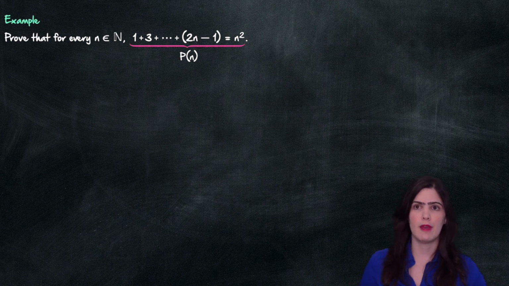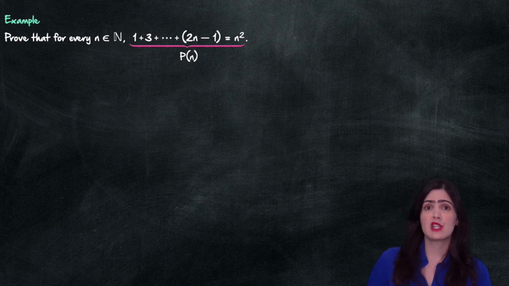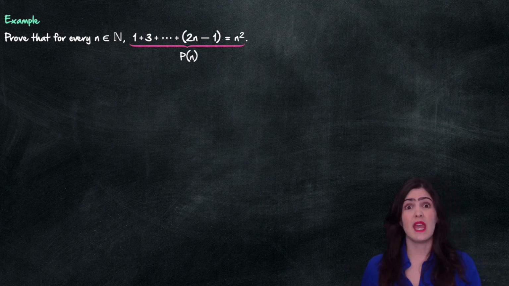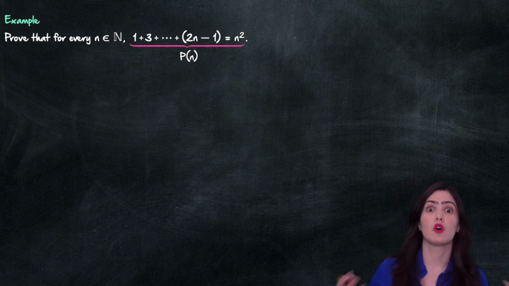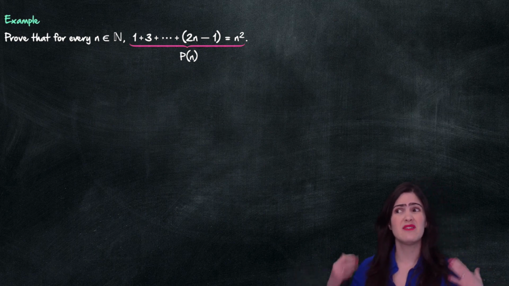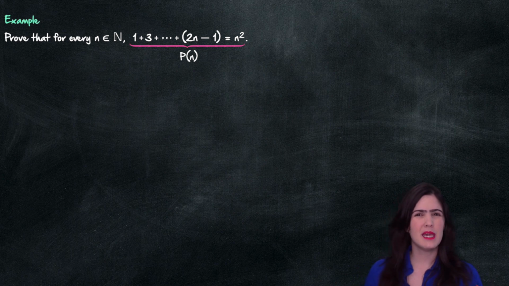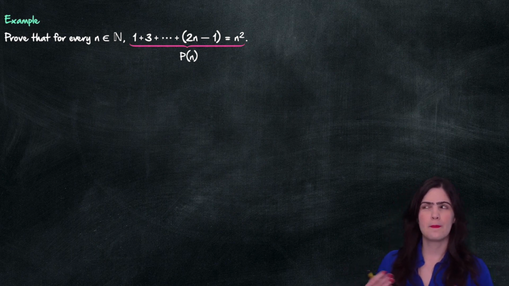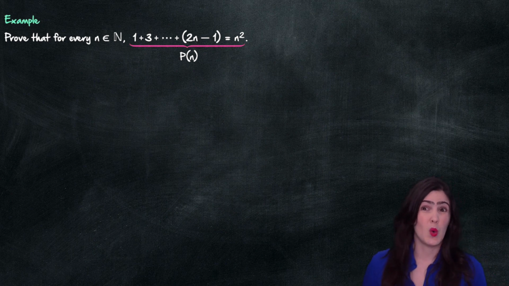This is a very common practice when we're doing proof by induction, because writing or saying 1 plus 3 plus ... plus 2n minus 1 equals n squared is very long, and it could make the understanding a bit more complicated. So if you do this, then things are a bit shorter and easier to say or read.